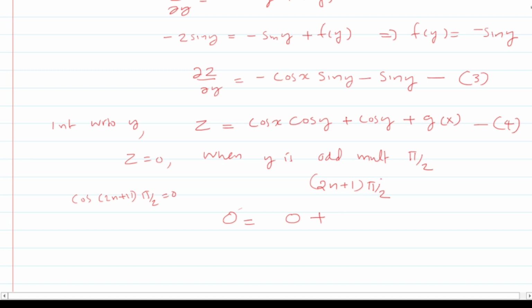See equation number 4: again cos y becomes 0, then g(x) remains. That implies g(x) = 0.